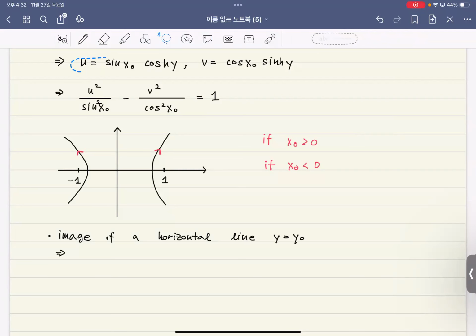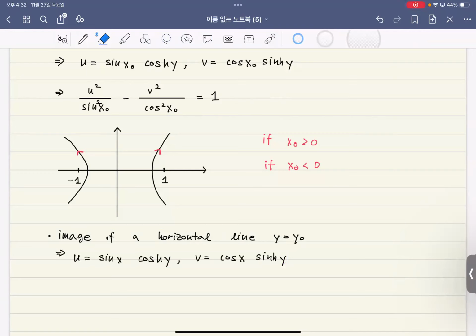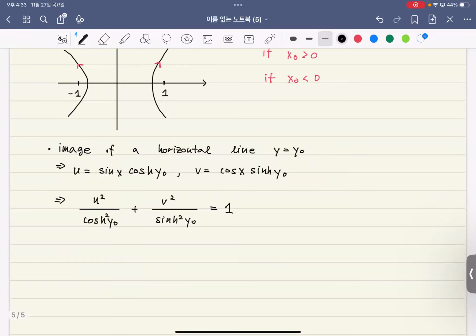Then u is sine x times hyperbolic cosine of y0, and v is cosine x times hyperbolic sine of y0. Then also, since sine squared plus cosine squared is 1, u over hyperbolic cosine of y0, squared, plus v over hyperbolic sine of y0, squared, is 1. And can you recognize this quadratic equation?